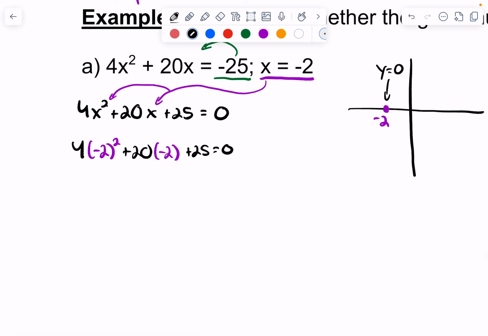So simplifying the first set, you have 4 times, and then -2 squared is 4, and then this positive 20 times -2 becomes minus 40 plus 25 equals 0. This right here becomes 16 minus 40 plus 25.